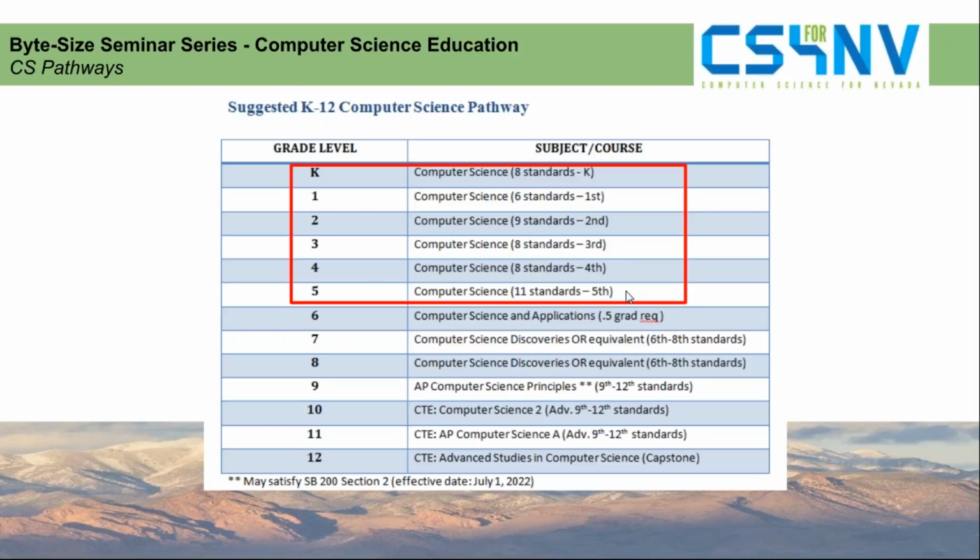Now, I would suggest at this point that you think outside the box on this. There are a lot of computer science standards that are fundamental skills, terminology, etc., that do not require a computer in order to implement.